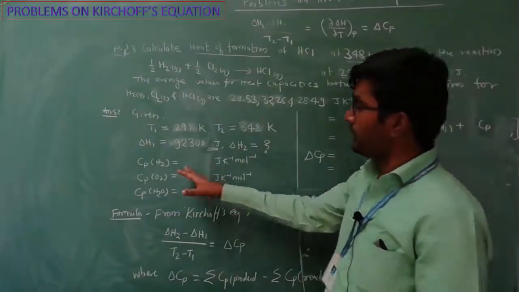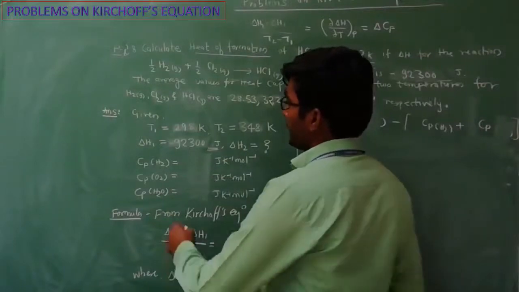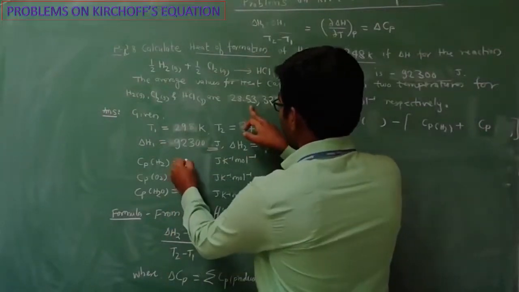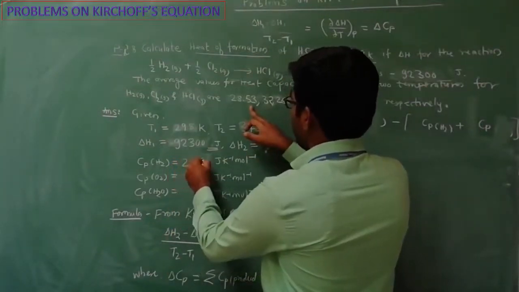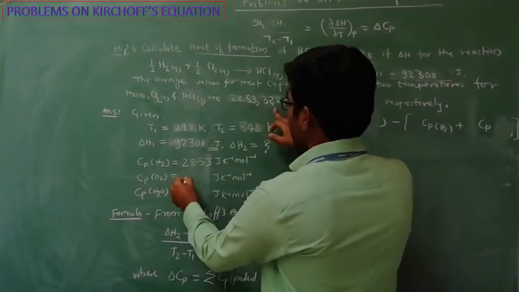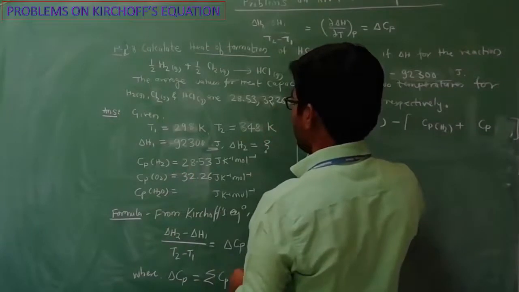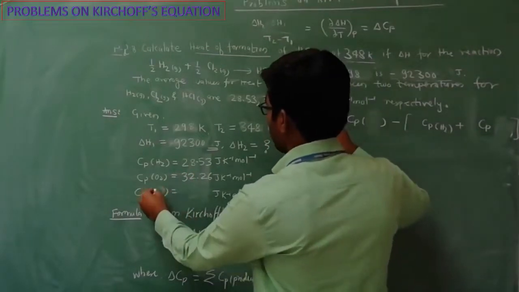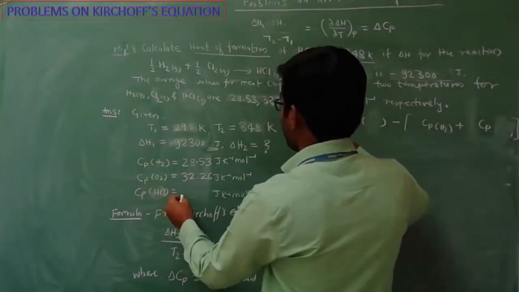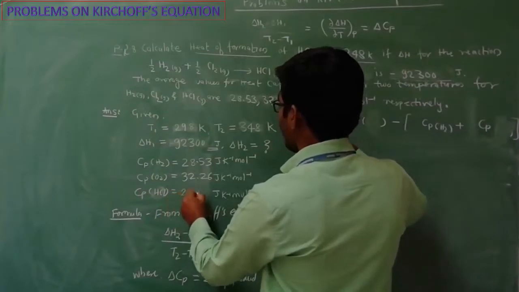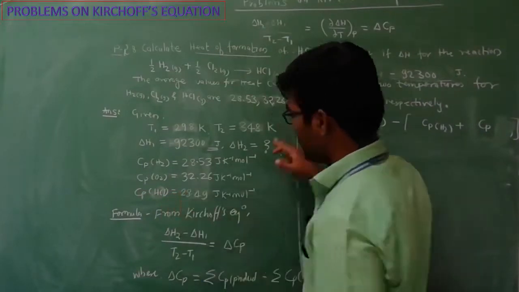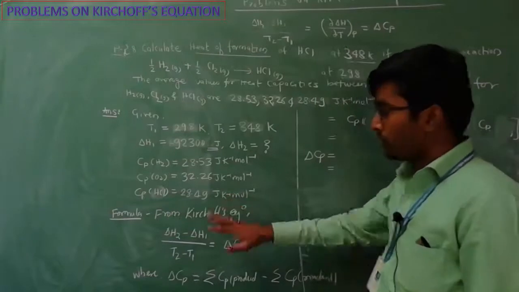The next given values are the specific heat capacities: for hydrogen 28.53, for chlorine 32.26, for HCl 28.49 joule per Kelvin.